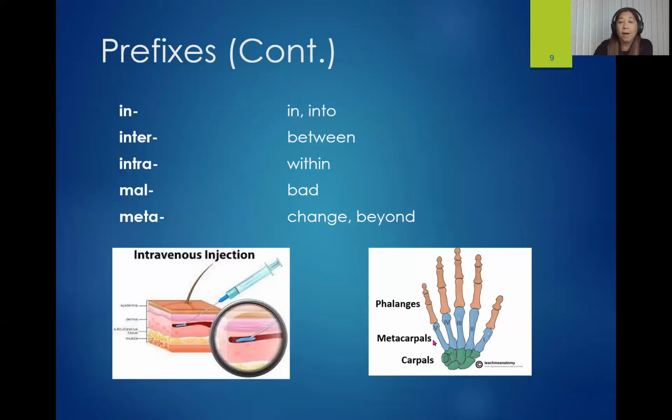You can also have metastasis, right? Which is when you have growth beyond the primary tumor, right? When cancer has spread, we say that it is metastasized, which means that it's been found beyond the borders of the primary tumor.